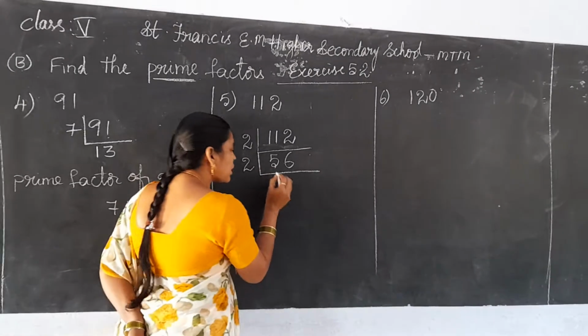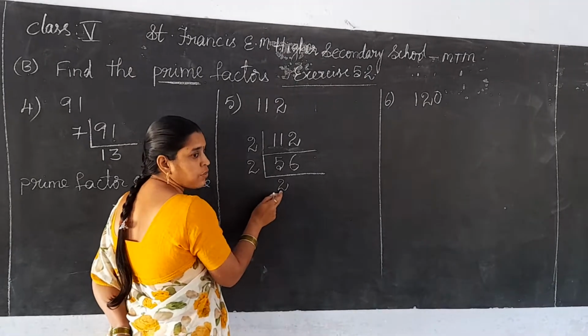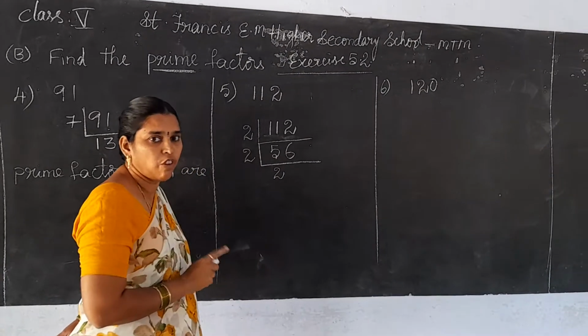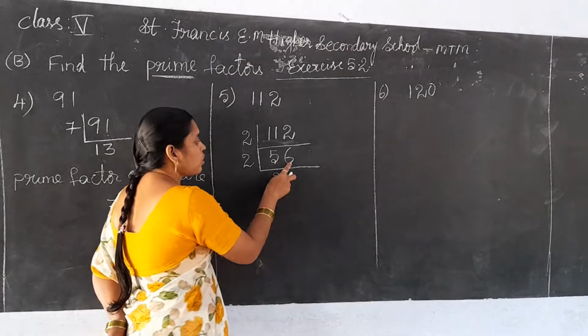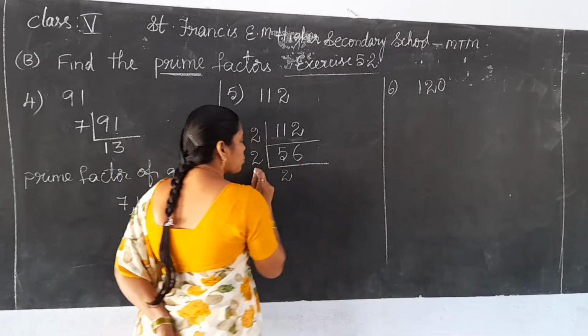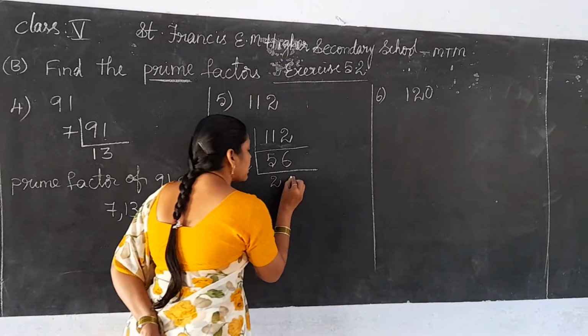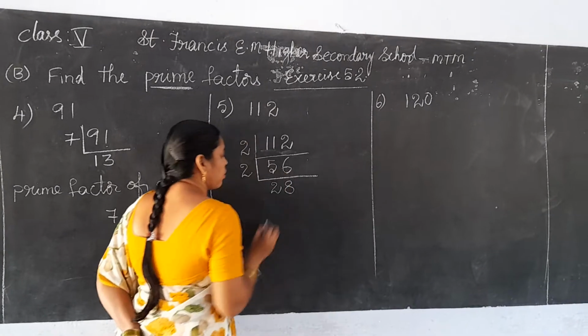That quotient you should write down. 2 twos are 4. 5 minus 4? 1. Now, remainder 1, you bring down the 6, 16. So 2 how many times will go in 16? 8 times. 8 twos are 16. That's the quotient you should write down.